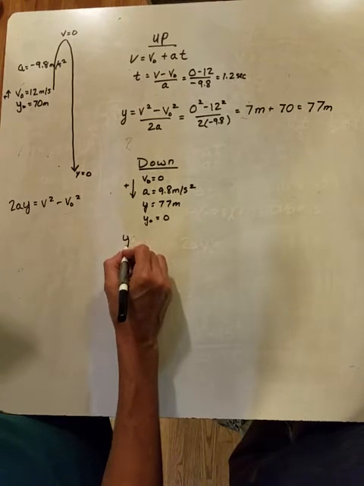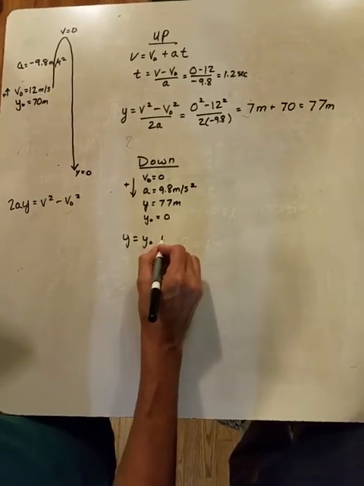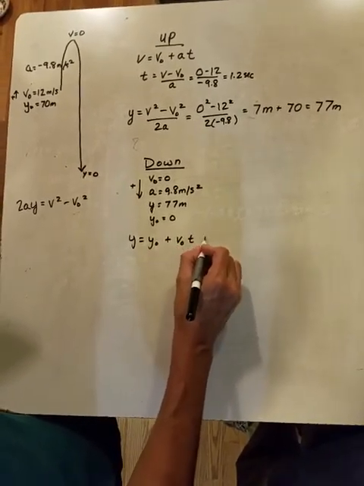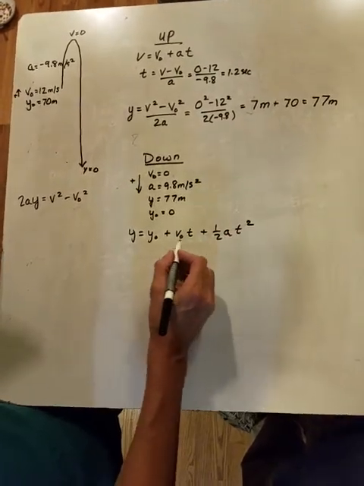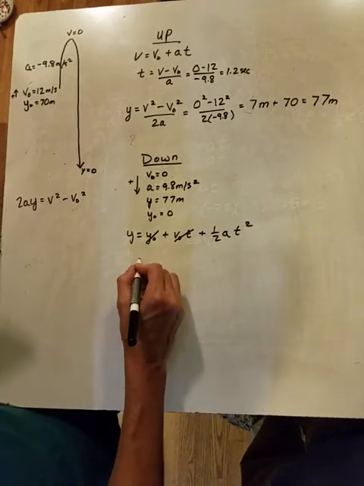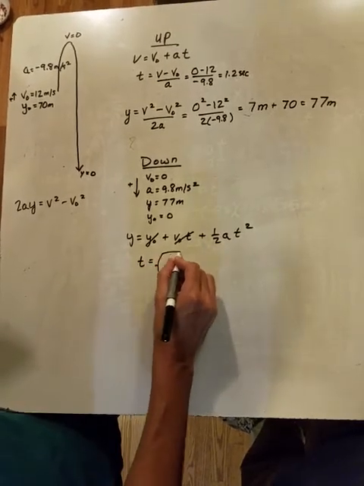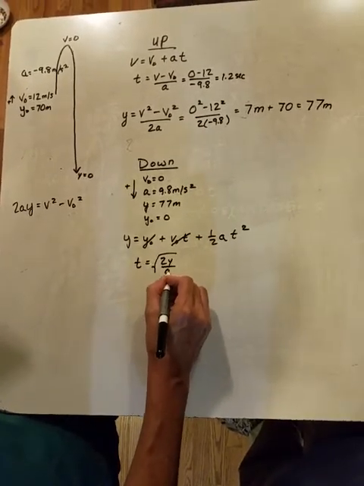So then y is equal to y0 plus v0t plus 1/2 at squared. That 0, that goes away. We can solve for t and get the square root of 2y over a.